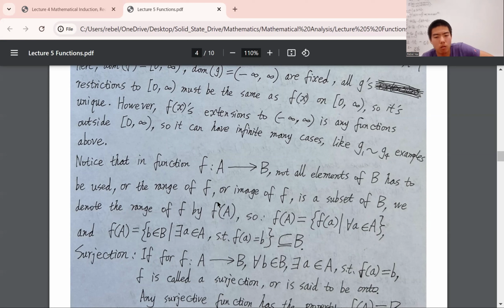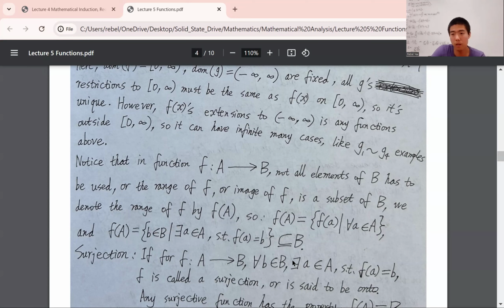We can say it's the image or range, and F(A) is f(a) for all elements a in the set A. And the range of function F is the set of b in B such that there exists one element a in set A such that F transforms a into b, which is also a subset of B.